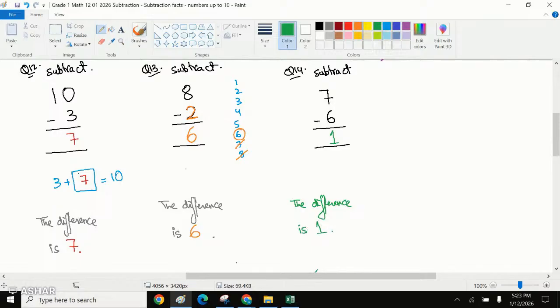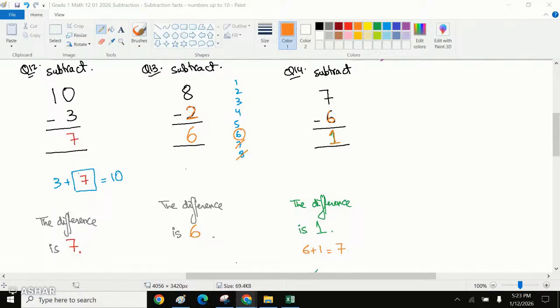Agreed? Or we can also say that 6 plus 1 would always be equal to the larger number. Agreed? That means we can write the statement multiple ways. 7 minus 6 is 1. 7 minus 1 would be 6. Okay? Thank you.